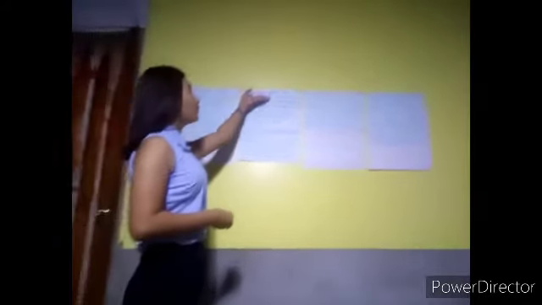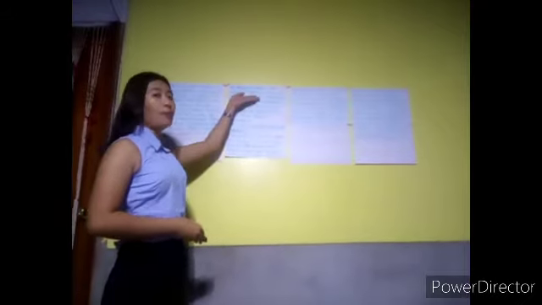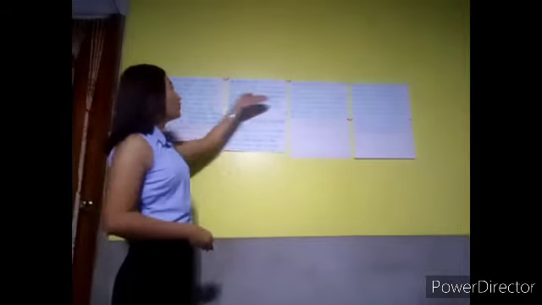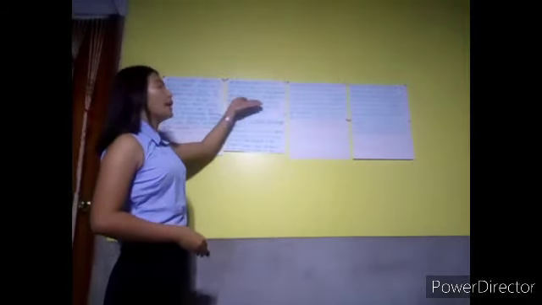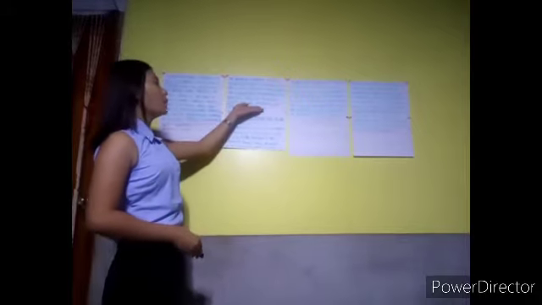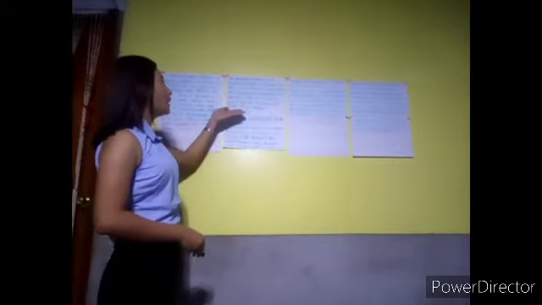So class, here is the meaning of the infinitive phrase: the infinitive form of a verb plus any complements and modifiers. The complement of an infinitive verb will often be its direct object, and the modifier will often be an adverb.